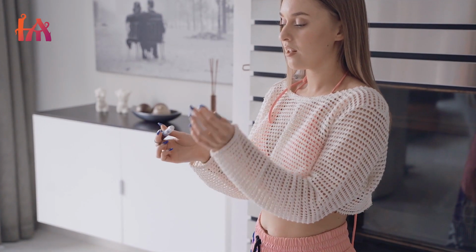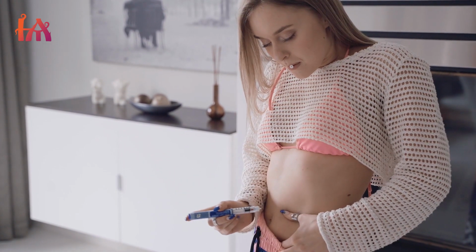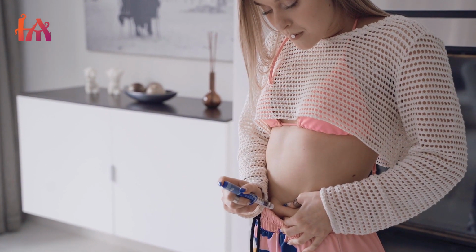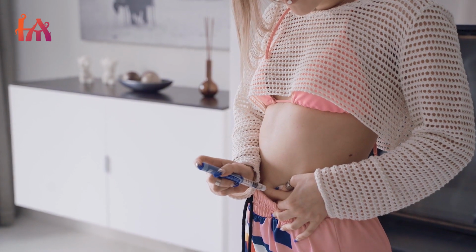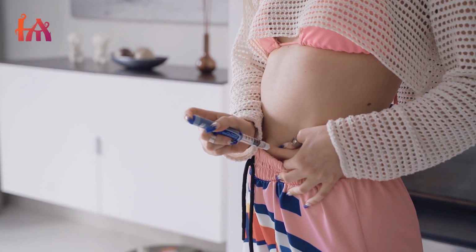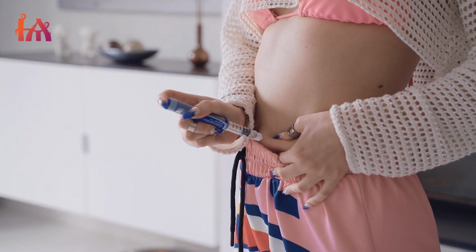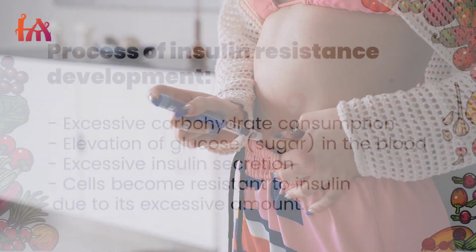Cells become less responsive to insulin signaling, resulting in a decrease in glucose uptake by the cells. As a result, blood sugar levels remain elevated, leading to increased efforts by the pancreas to produce more insulin and keep sugar levels under control.